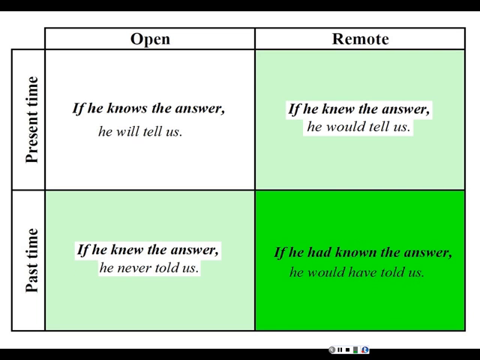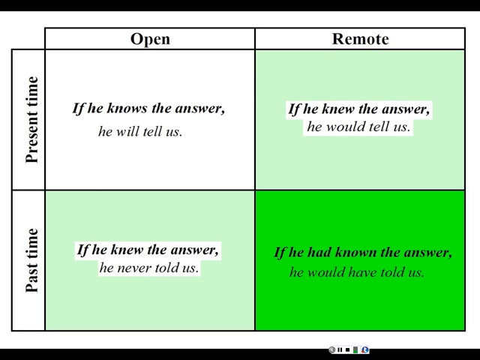What we need is sort of the double past tense, or as it's known in English grammar, the past perfect tense. Notice it's: If he had known the answer, he would have told us. He didn't know the answer yesterday, last week. If he had known it, he would have told us, but he didn't know it.